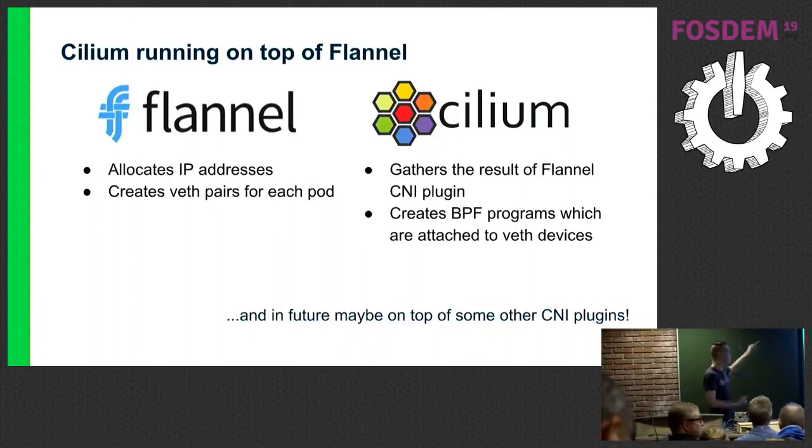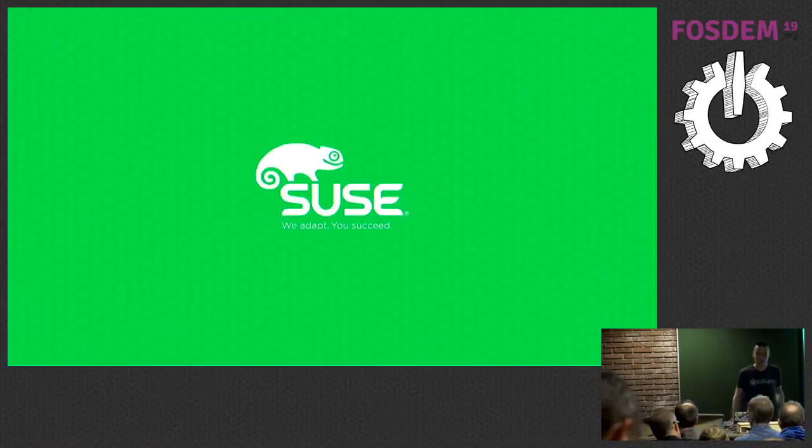The first plugin which is running will be Flannel. It will allocate IP addresses and create veth pairs. And then on top of that, Cilium as a chained plugin will receive that information and create BPF programs for those veth devices. For now, it's only for Flannel. Maybe other CNI plugins will be supported in next versions of Cilium. That's all I wanted to tell you today.